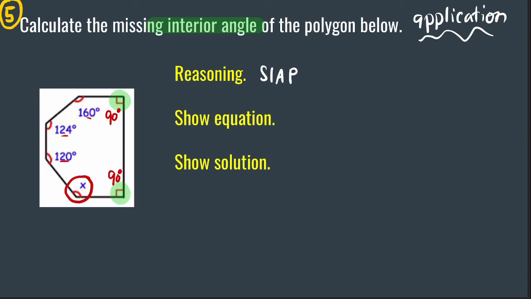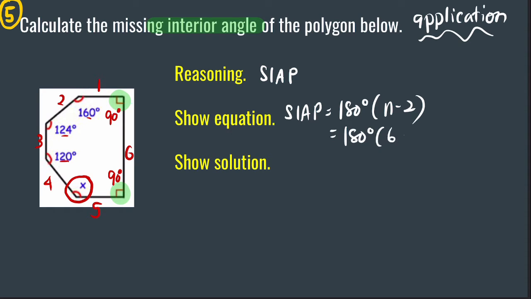So let's do that. The sum of interior angles of a polygon equals 180 degrees times n minus 2. Let's count how many sides: 1, 2, 3, 4, 5, 6. 6 sides, so 180 degrees times 6 minus 2 equals 180 degrees times 4, which equals 720 degrees.